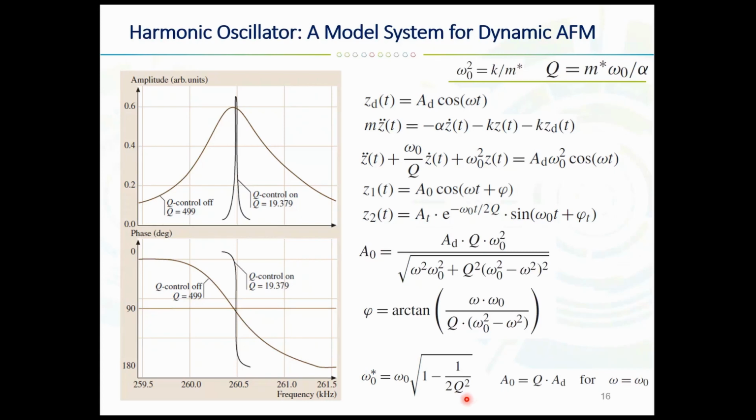However, if you measure your sample in liquid, this Q factor can be smaller than 10, and then the resonant frequency will differ a lot from the new resonant frequency that we get. So please pay attention to the Q control factors.